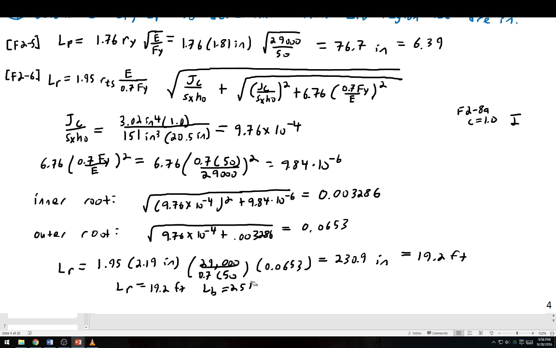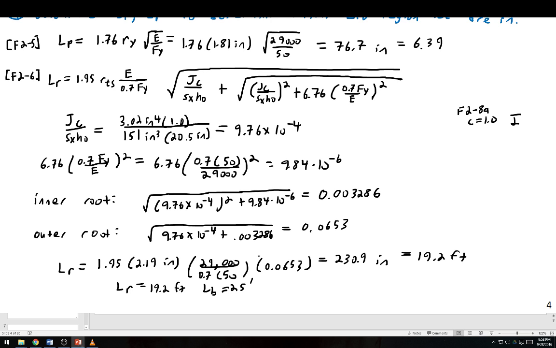So therefore we are now in the far lateral torsional buckling range, and so equation F2-3 is going to apply. That's what we're going to actually use.